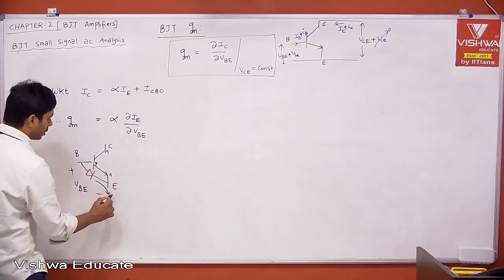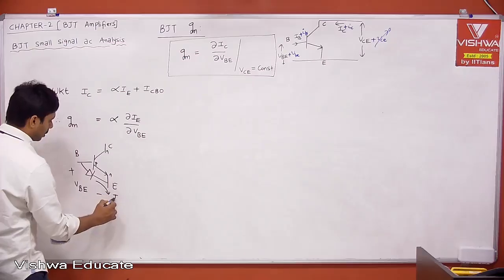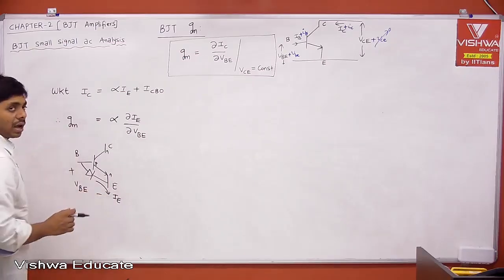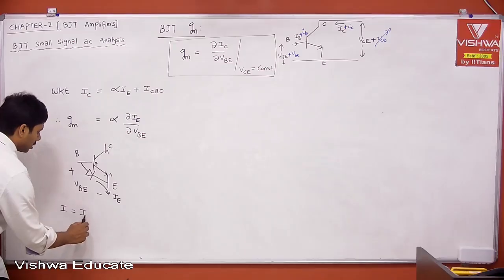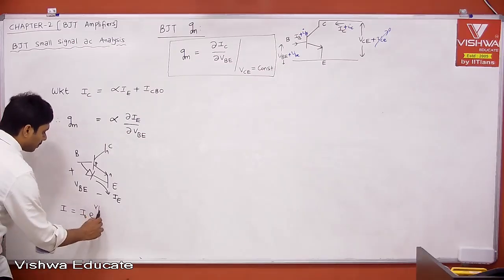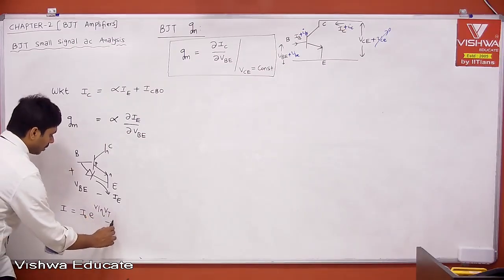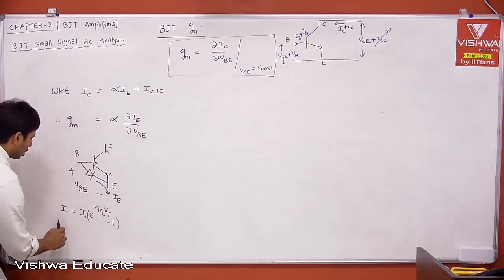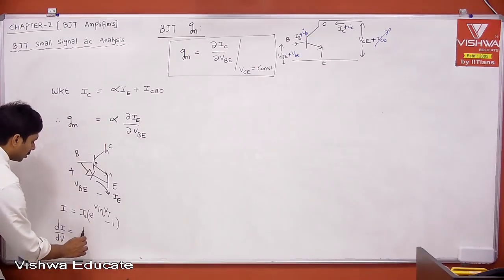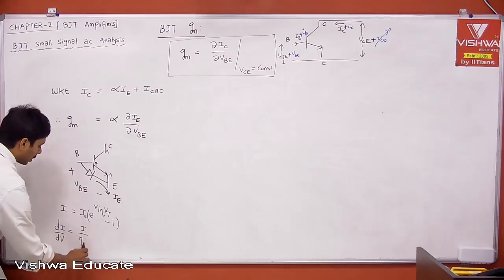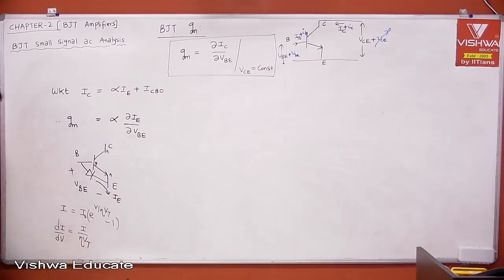We know that for a PN junction diode, IE is equal to I naught into e to the power of V by eta Vt minus 1. Then after differentiation, we already derived this, dI by dV is equal to I by eta Vt. This is what we got, you remember? The same thing I am using here.